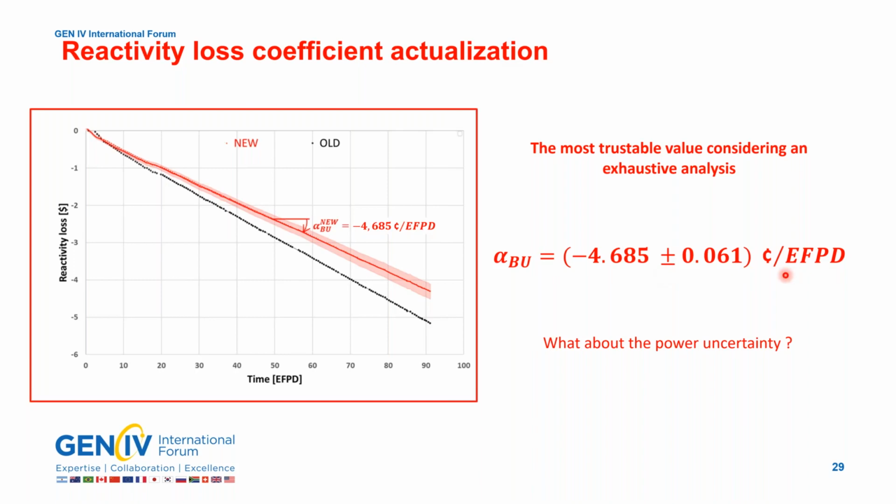This is if we consider that the power is perfectly known. In fact, this power is not perfectly known, but in this presentation, I will consider that this power has zero uncertainty.